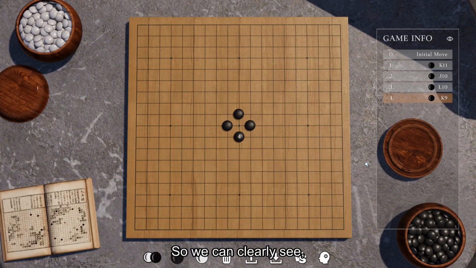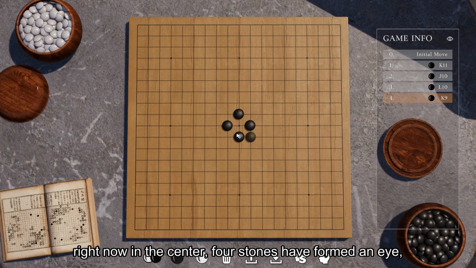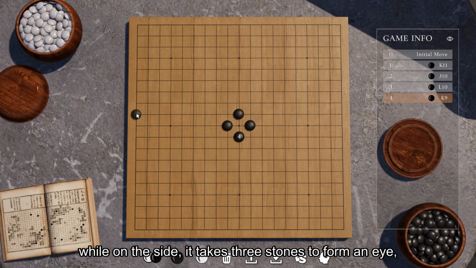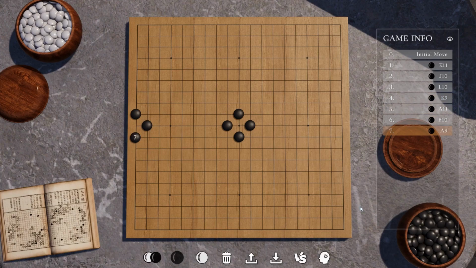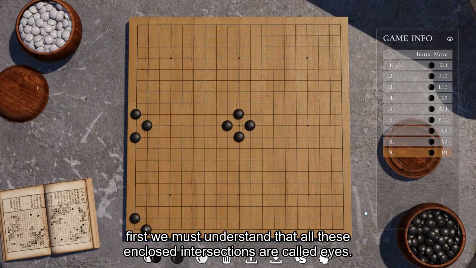So we can clearly see, right now in the center, 4 stones have formed an eye. While on the side, it takes 3 stones to form an eye, and 2 in the corner. Okay, first, we must understand that all these enclosed intersections are called eyes.